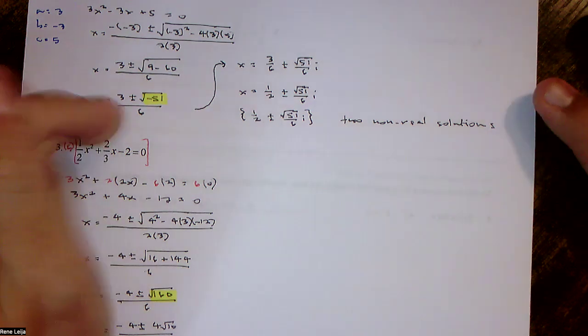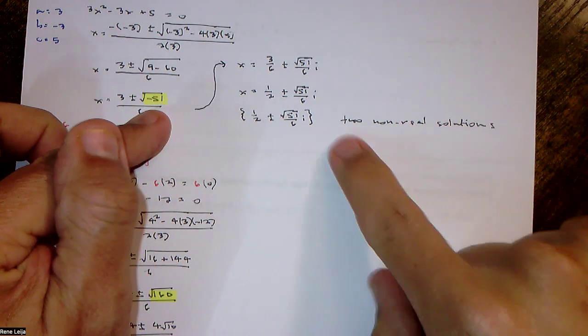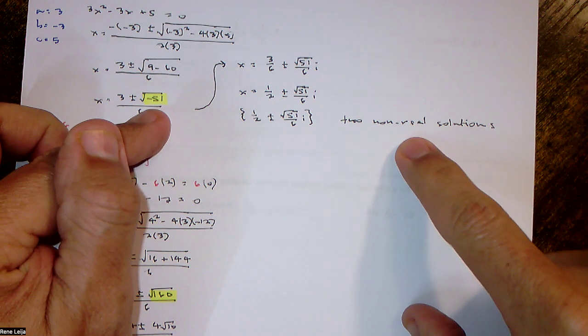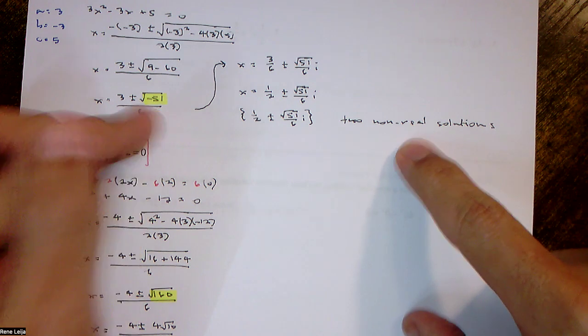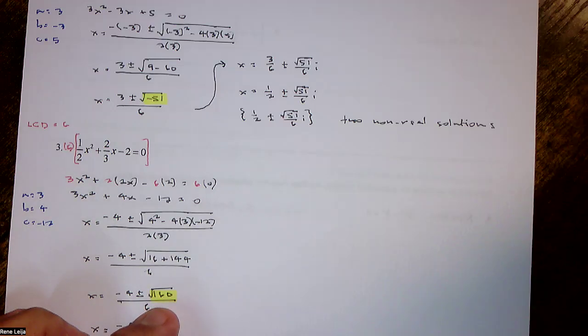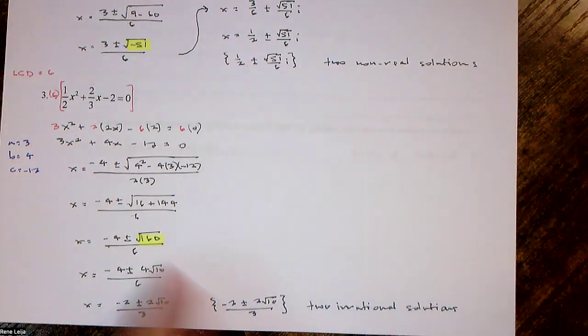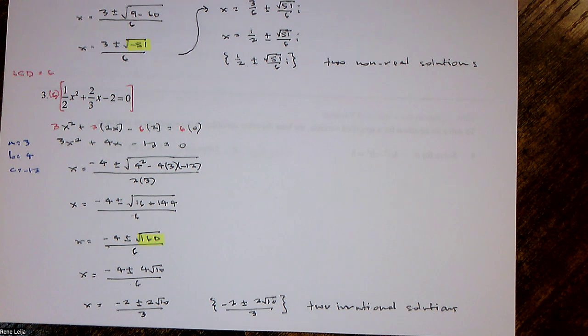Okay, so we ended up with a negative number. So that means that we'd have 2 non-real solutions. When you have a non-perfect square, then you're going to end up with 2 irrational solutions, which means this is just going to be a decimal that keeps going on and on and on. And it'll never stop. So it's irrational.